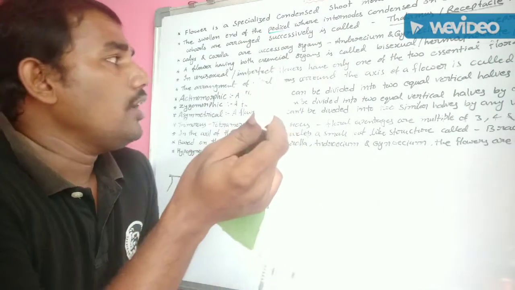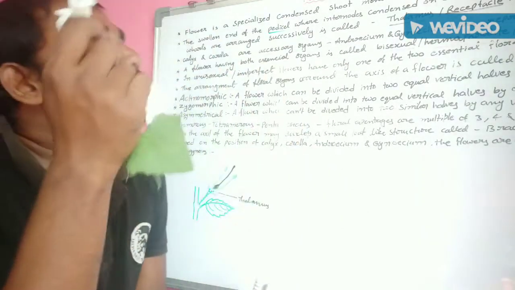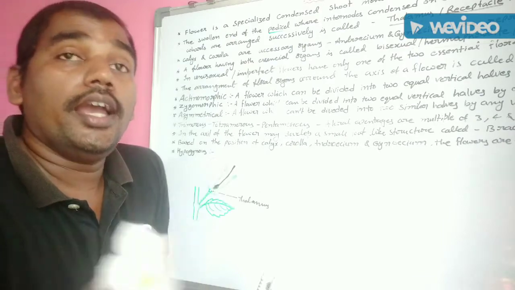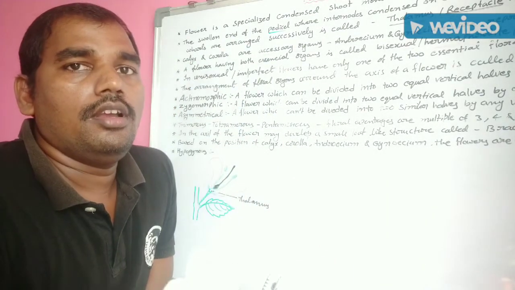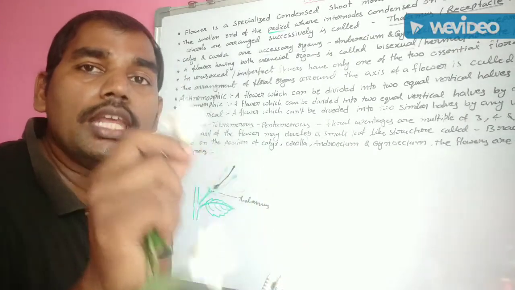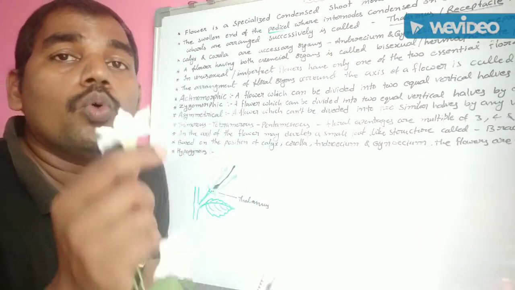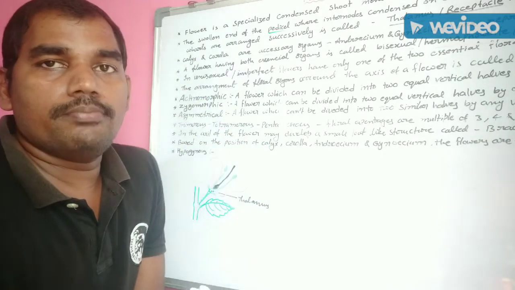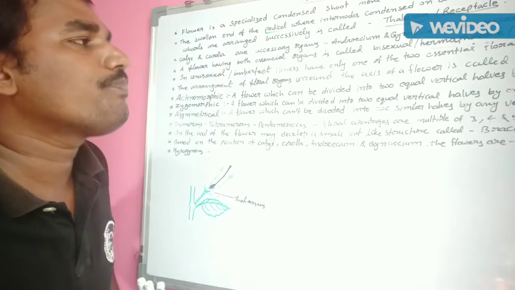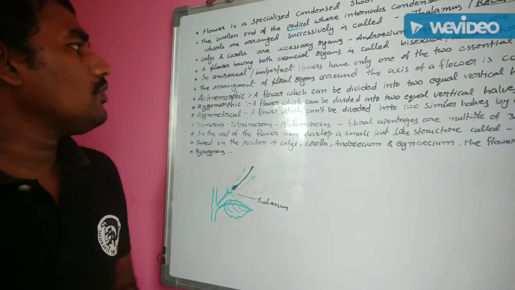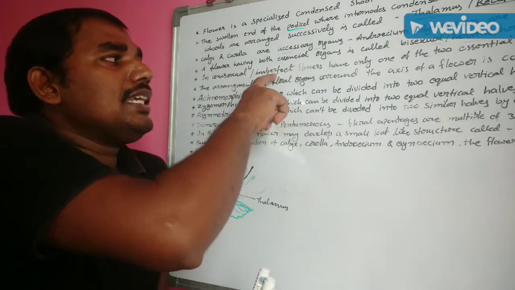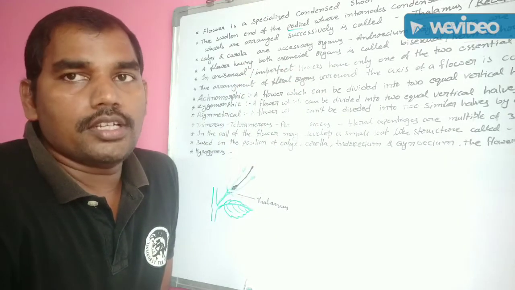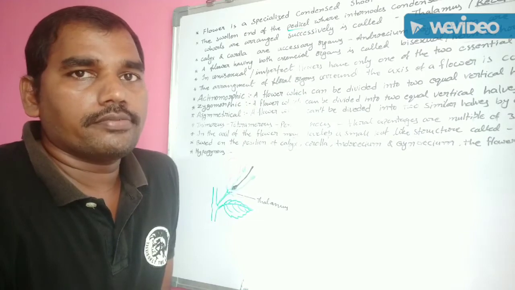Imperfect or unisexual flowers have only one of the two essential floral organs. These are known as either male flower or female flower. Male flower has only androecium. Female flower has only gynoecium. Male and female flowers are the unisexual flowers. Unisexual flowers are also known as imperfect flowers. Perfect flowers means bisexual flowers. Understand?